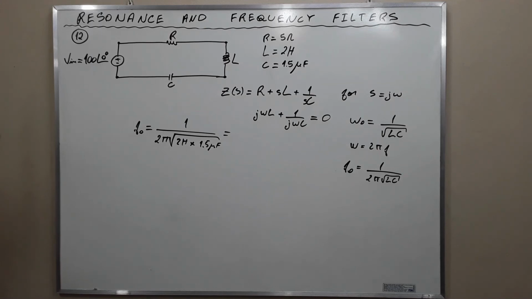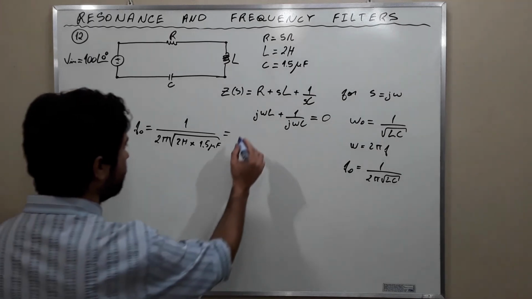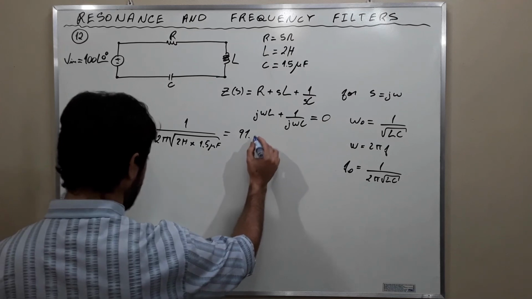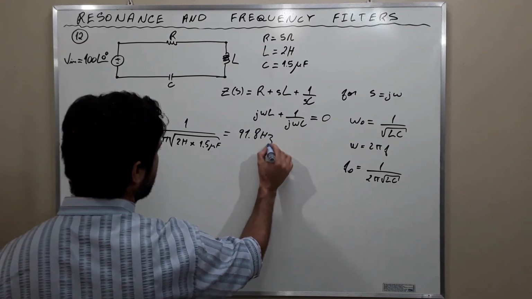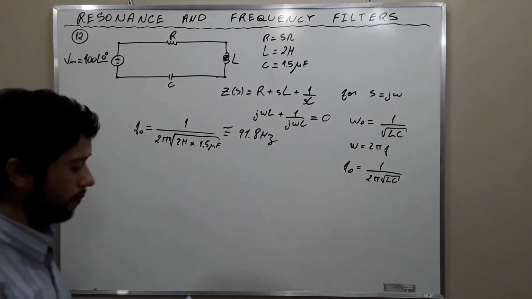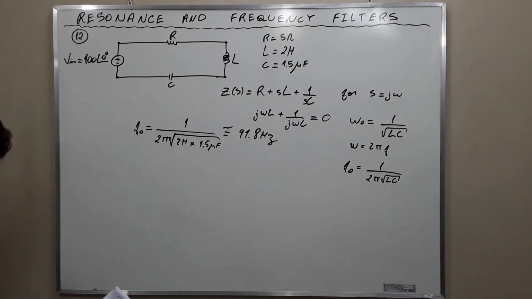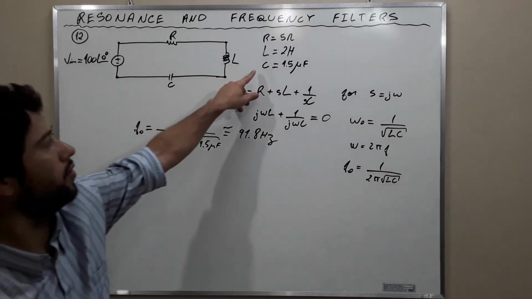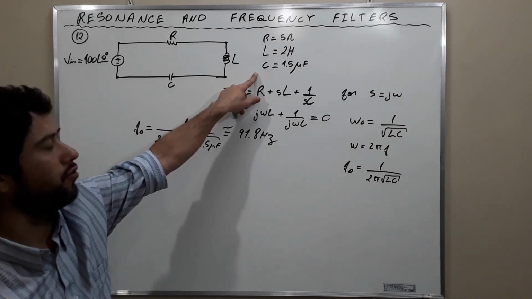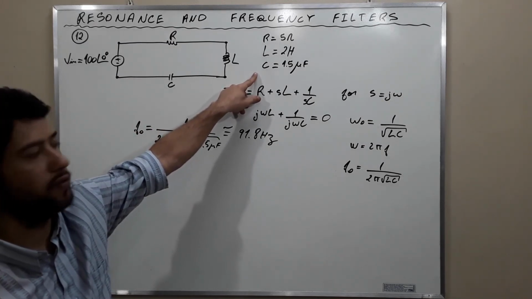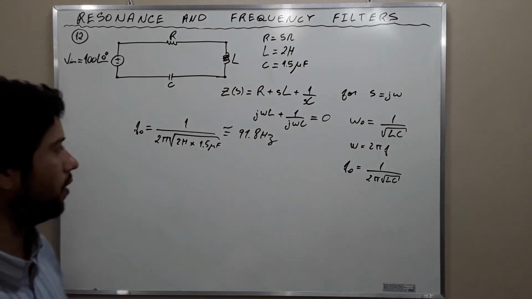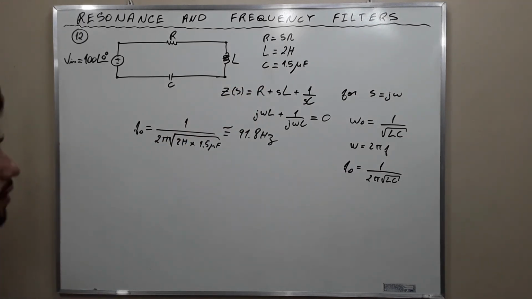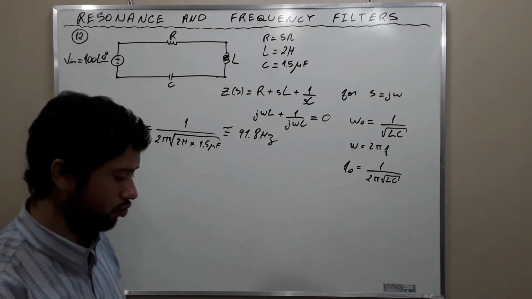You use your calculator and then you find the frequency of 91.8 hertz approximately. Okay? And this is what the exercise wanted us to calculate, the resonant frequency of this circuit if the value of the resistance, capacitance, and inductance are these. Alright? And it is all for exercise 12.